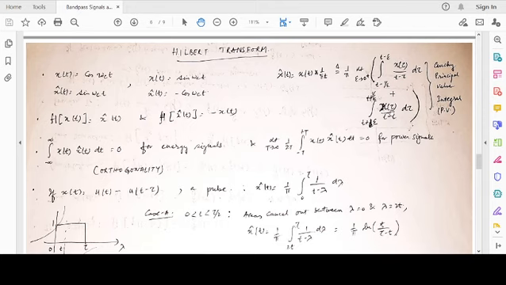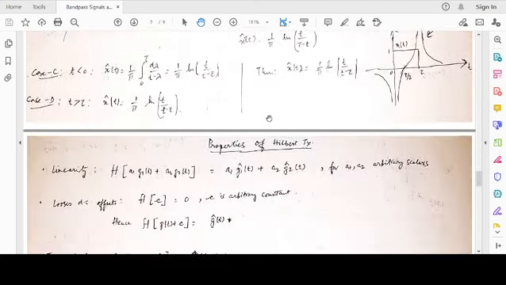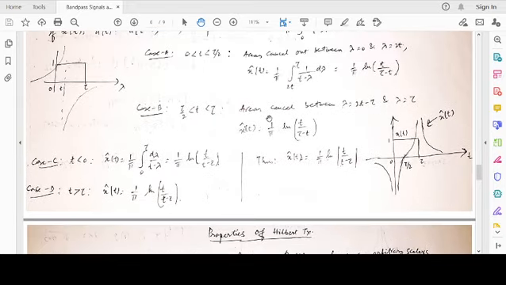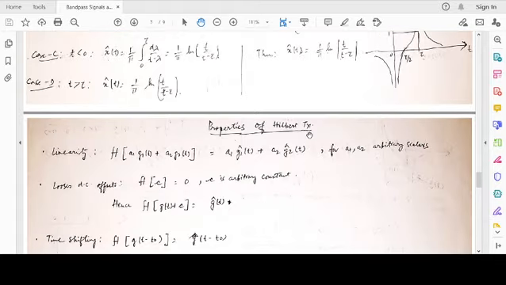Constant times 1 by t minus tau. These two integrals cancel each other, the negative and the positive portions, irrespective of whichever point, because 1 by t minus lambda is an odd function. If you do an integration over a constant, unless there is a variation in the signal, it is 0. C is an arbitrary constant.